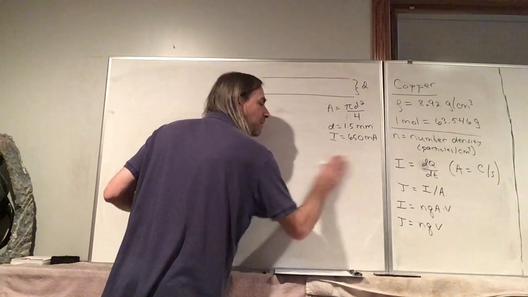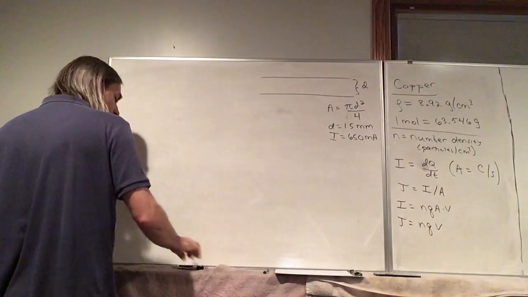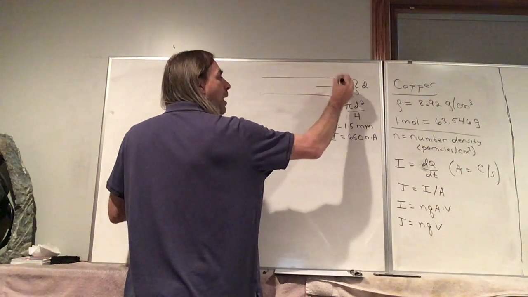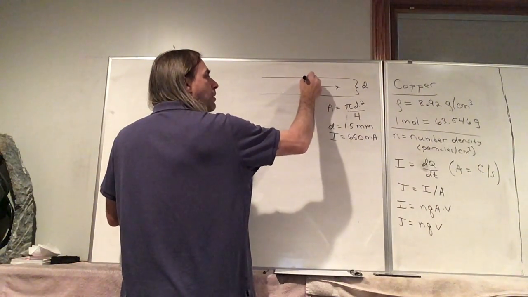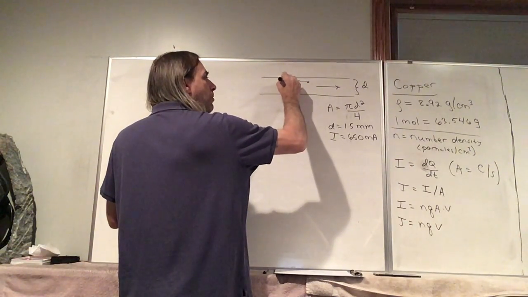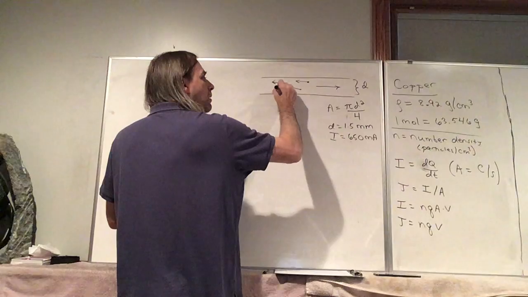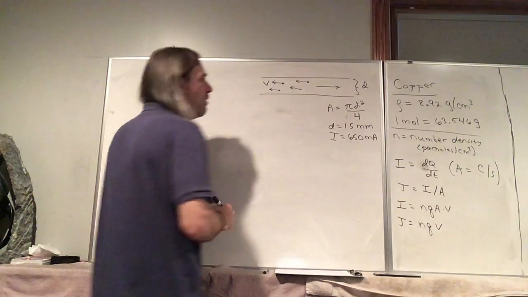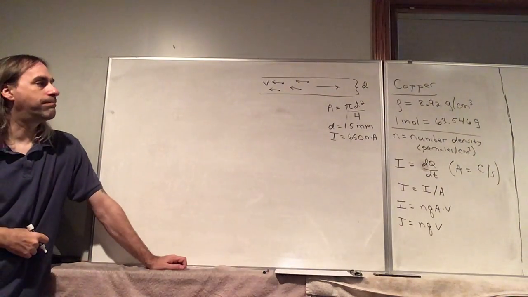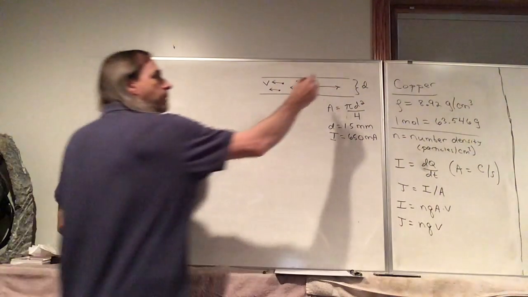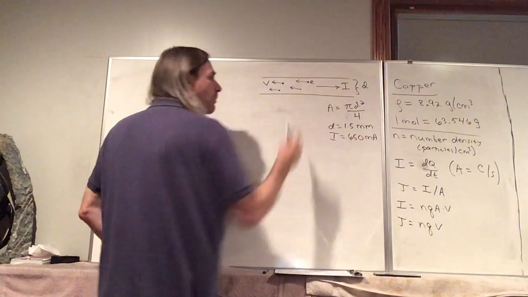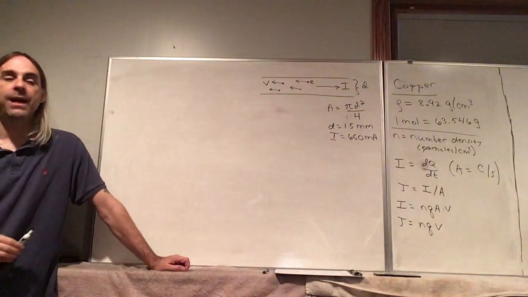So what we're going to do is assume a picture like this. We have a current going to the right, and right now we're assuming that we have the electrons moving to the left, all moving with a nice constant speed v, and again, a very not realistic picture of what's actually happening.